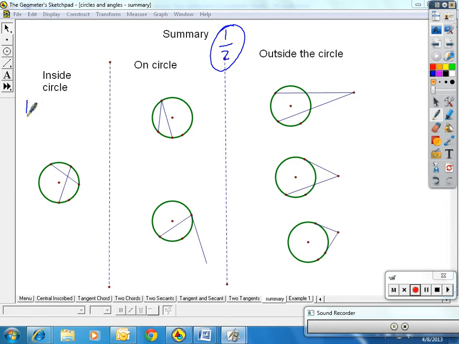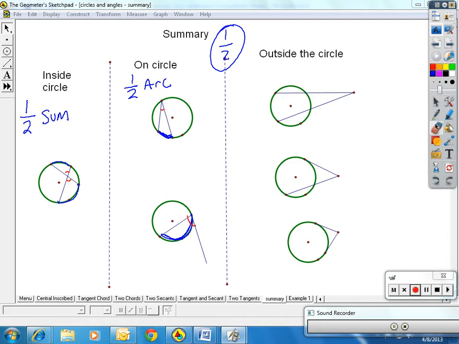This is 1/2 the sum of the arcs that are intercepted. That will give us these angles. This one is just 1/2 the arc. I just take the arc, cut it in half, and we get the angle.